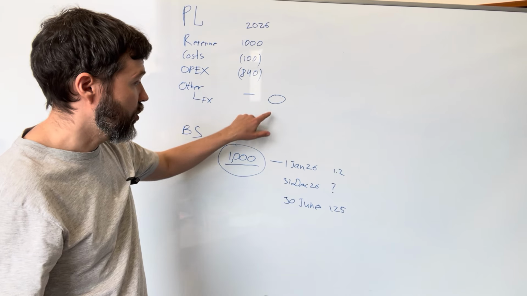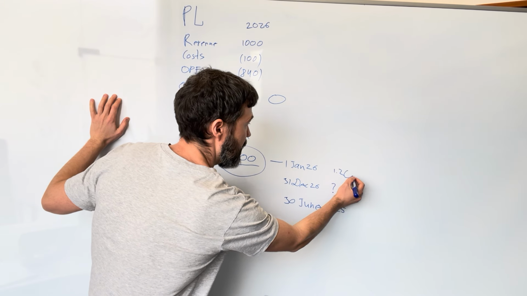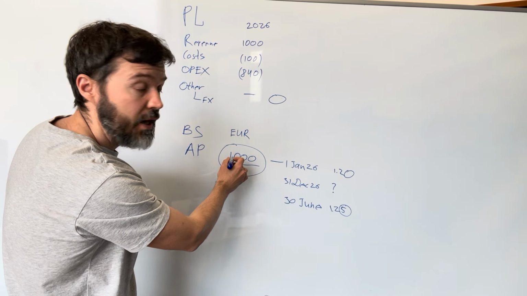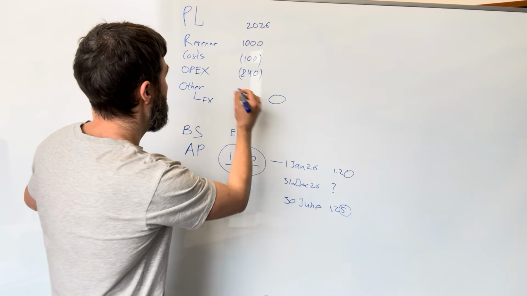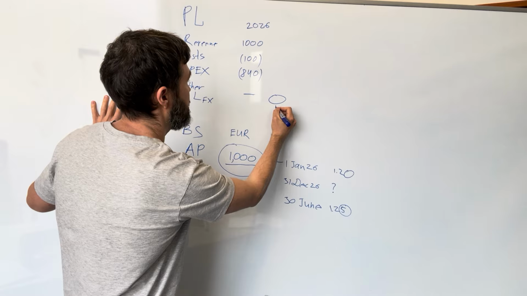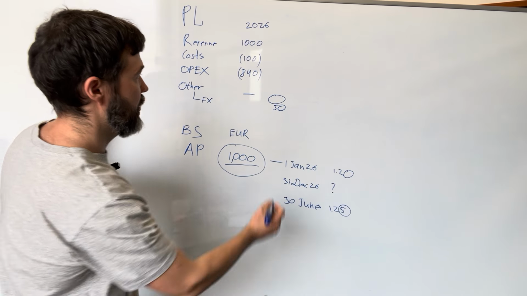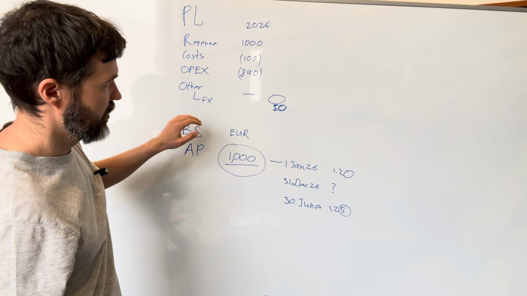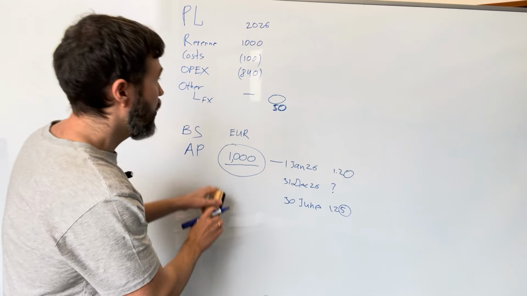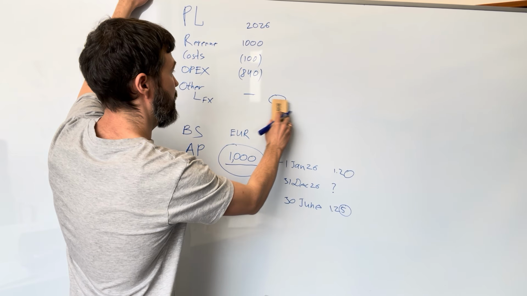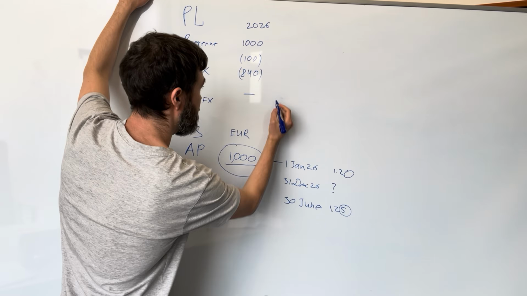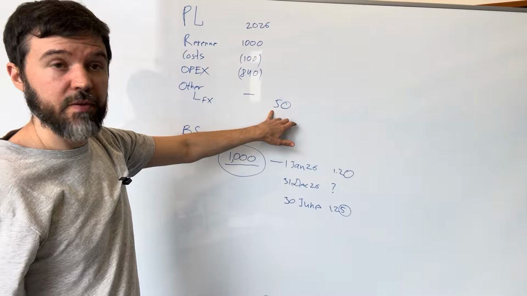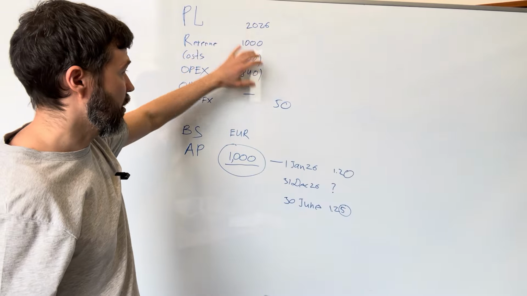What it means to your reporting: these 50 million, it was 0 here, 0.05 here, multiplied by 1 billion accounts payable, it goes to FX of 50 here. Okay? Quite a lot. Remember, we have remaining 60, and 50 is almost everything from what we have in our profit and loss statement.